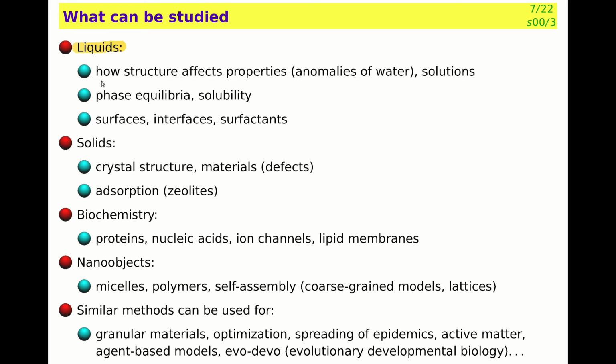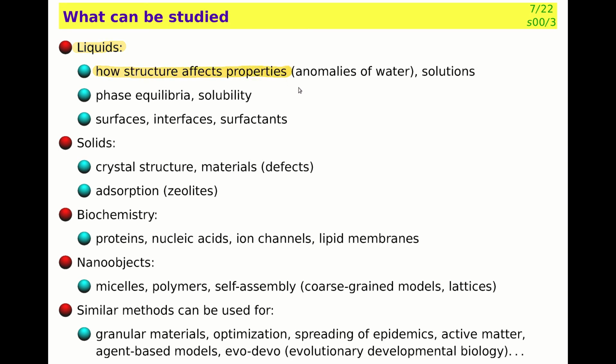The first simulation was a simulation of hard disks and then of hard spheres, that is molecules which are spherical and hard. Then something like liquid argon, water, and more difficult systems have been simulated. We are looking for answers to several questions: how structure affects properties.